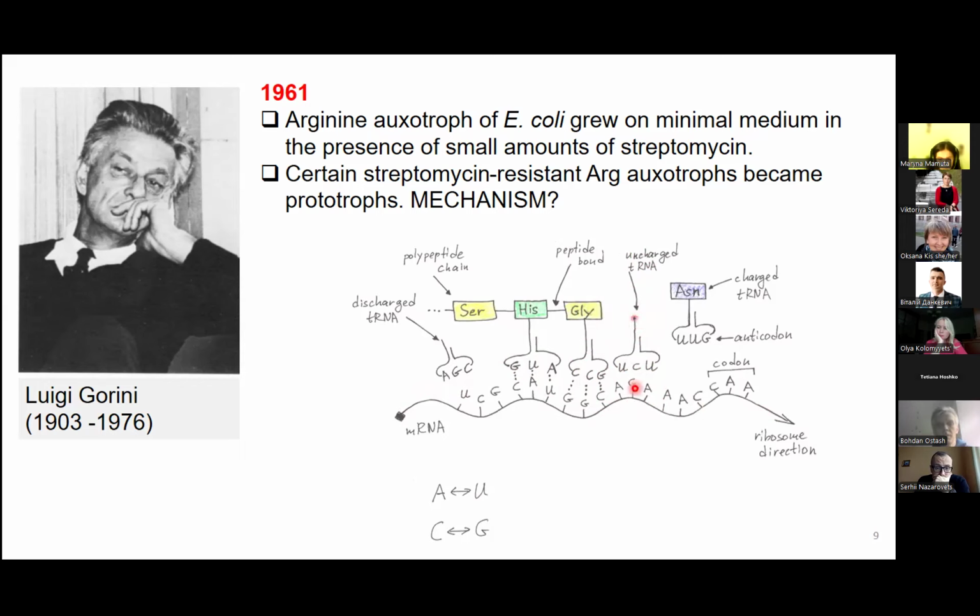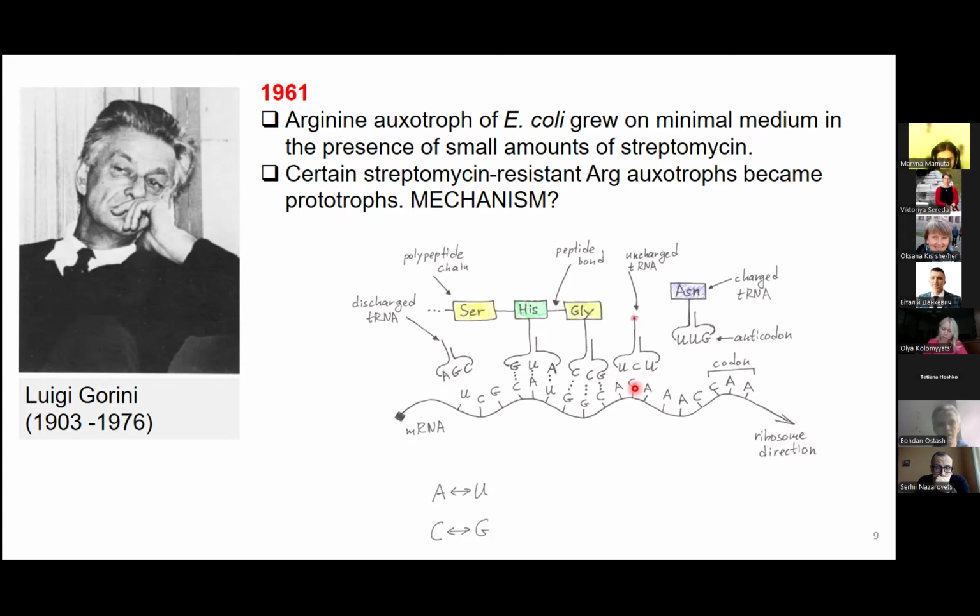The cell would stop at that moment, and it would die. But somehow, when you add streptomycin, it lives on. And he discovered why. He discovered that actually the cell becomes relaxed in its accuracy of protein synthesis.